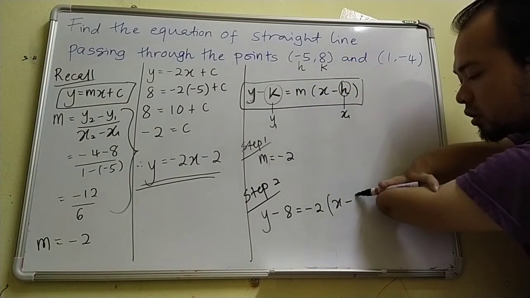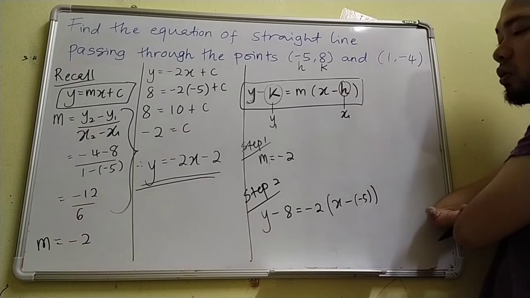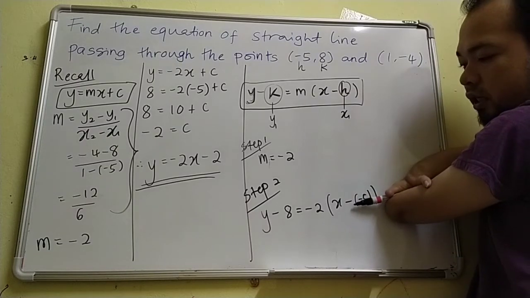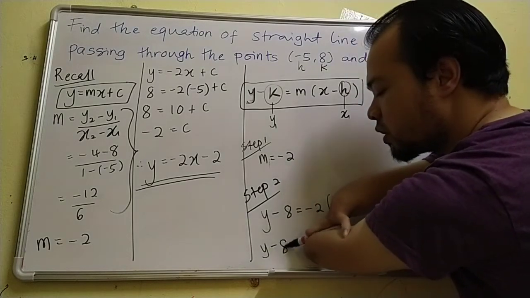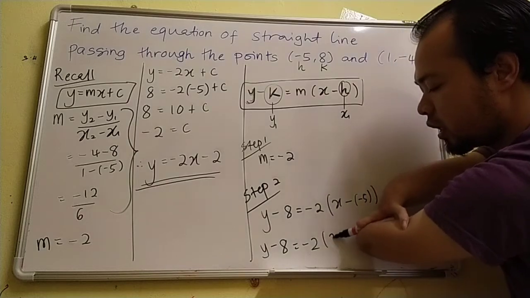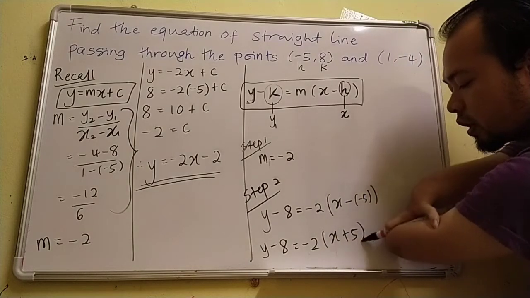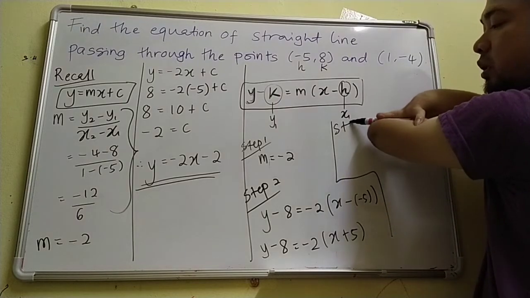Negative 5. Next, you need to simplify. So y minus 8 is actually negative 2 in bracket X plus 5.